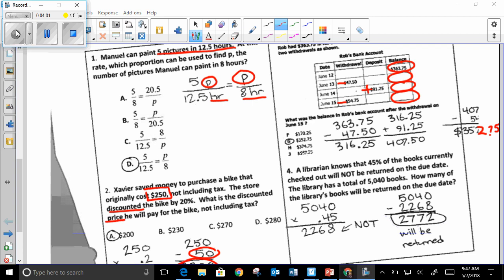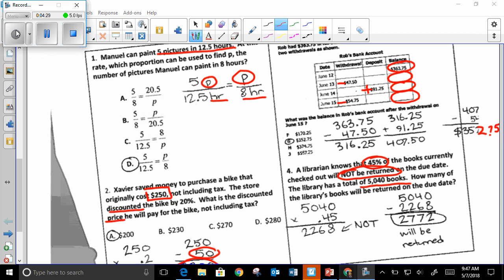All right, the next one is number 4. A librarian knows that 45% of the books currently checked out will not be returned. So 45% of the books will not be returned. The library has a total of 5,040 books. How many of the library's books will be returned on the due date?